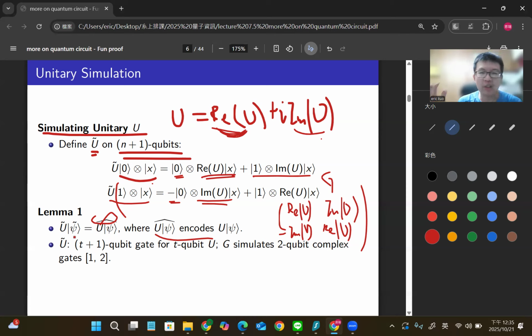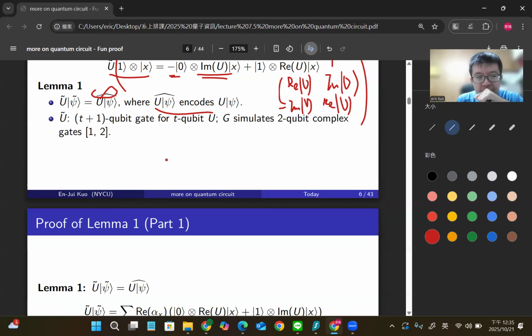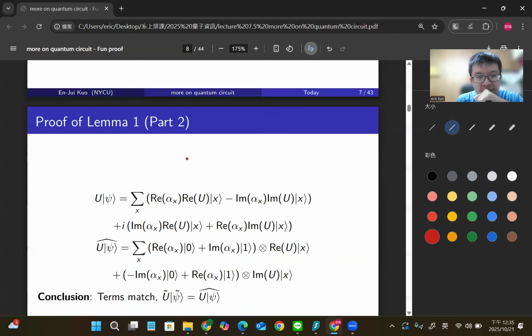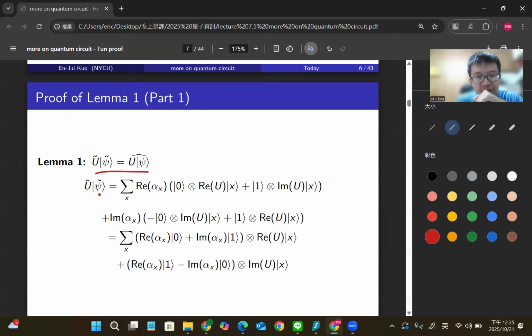What this means is that if you have multiple unitaries applied on psi, the state can map into a real one, and all the gates can map to real ones, and these are compatible. So the proof is that we first compute the left-hand side.